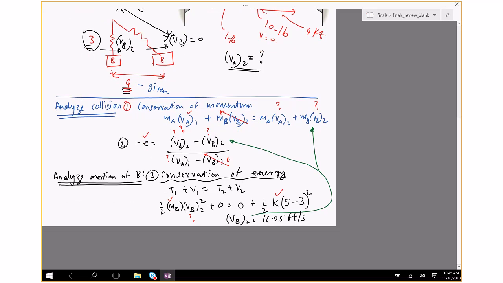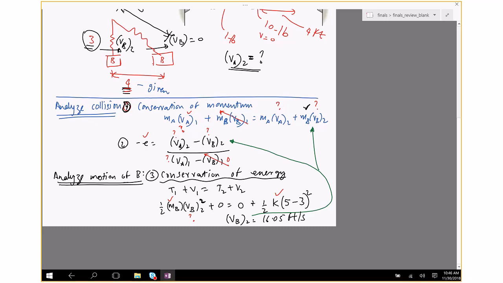Okay, so now if you look at equation 1, how is VB2 16.5? You have to put 1/2 times 10 times VB2, 10 divided by 20. So once you put VB2 in equation 1, okay, we know this now.